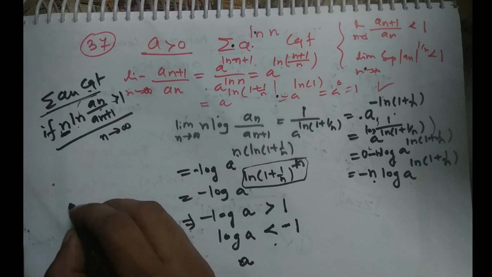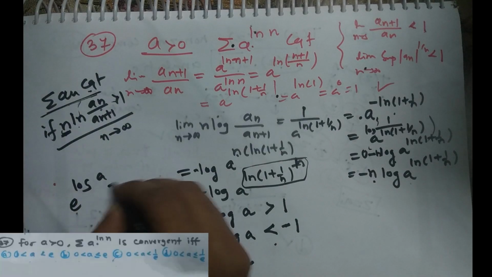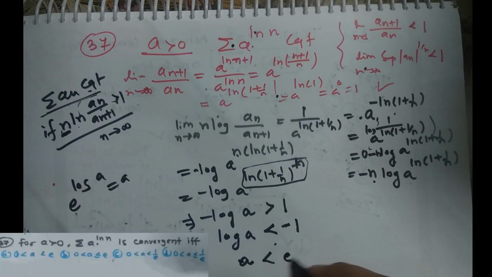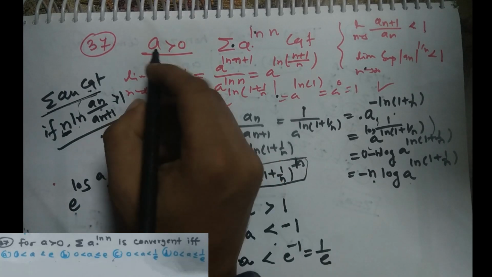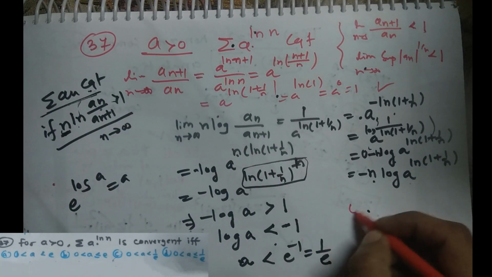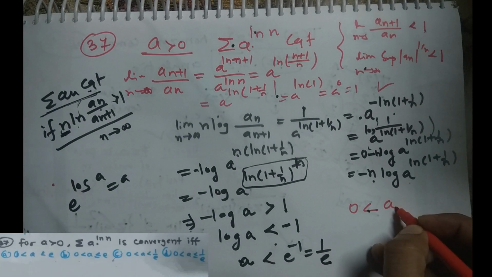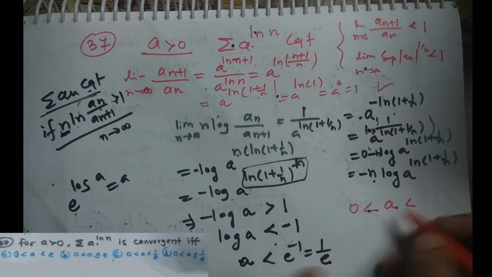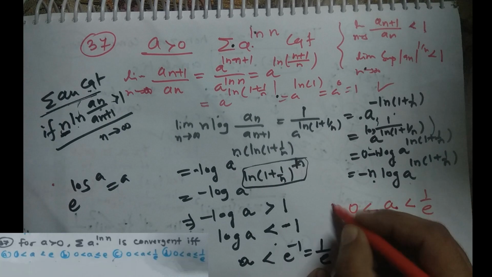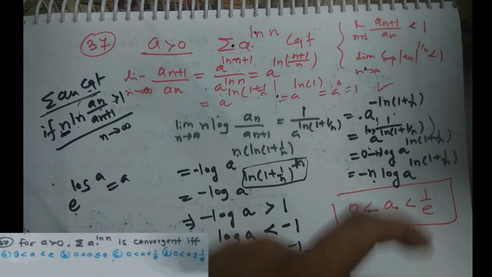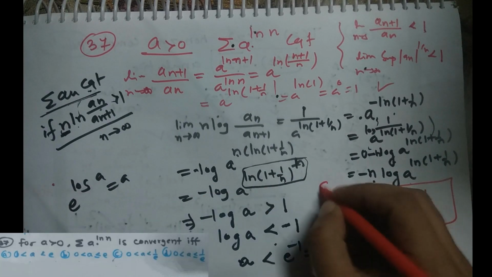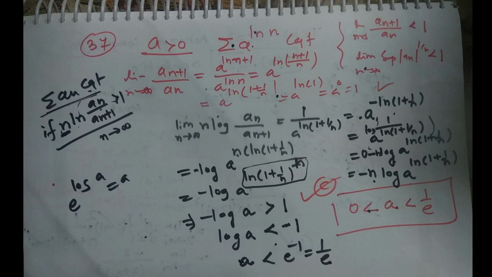A. I am using the property e raised to log of a is nothing but a, and here we have e raised to minus 1. This is nothing but 1 by e, and they are already saying our a is greater than 0, and also we have found out a is strictly less than 1 by e. If I look at the options, option C will be correct.